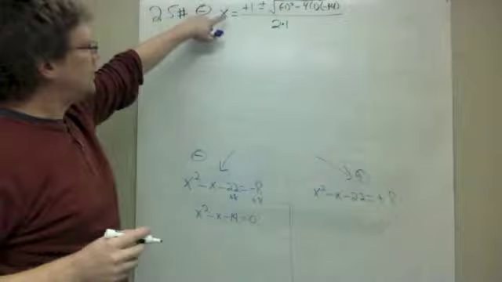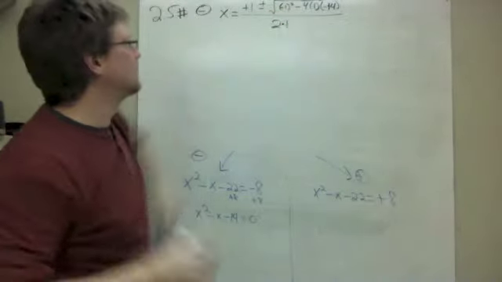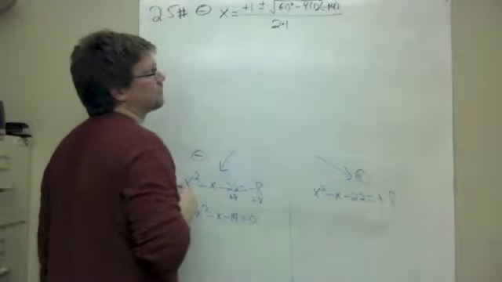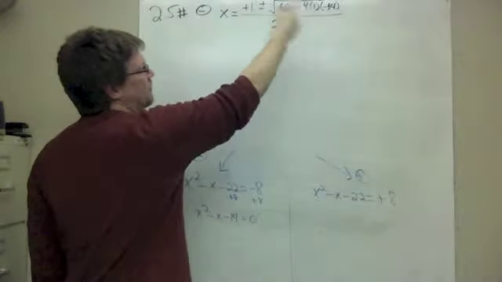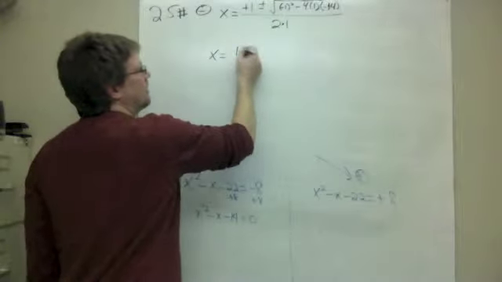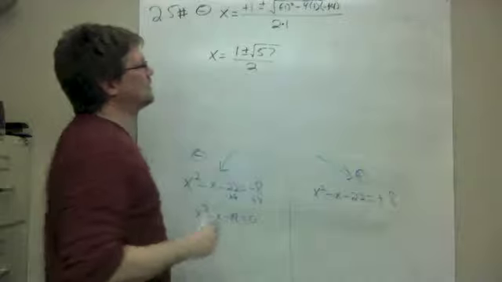Now, 1 squared is 1, minus and minus is minus. 4 times 14 is 56. Minus and a minus is a plus. 56 plus 1 is 57. So x is going to be equal to 1 plus or minus the square root of 57 over 2.